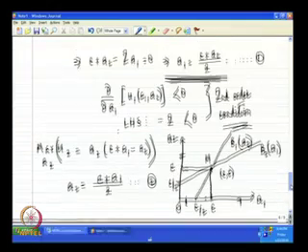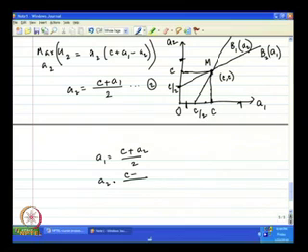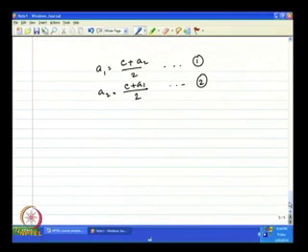This can be verified by solving equations 1 and 2. A1 is equal to C plus A2 divided by 2, and A2 is equal to C plus A1 divided by 2. If I solve them together, I should get the same solution.